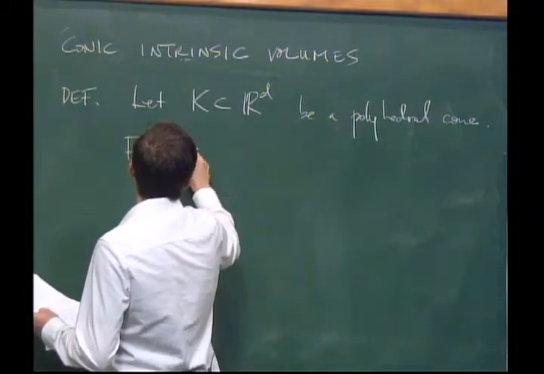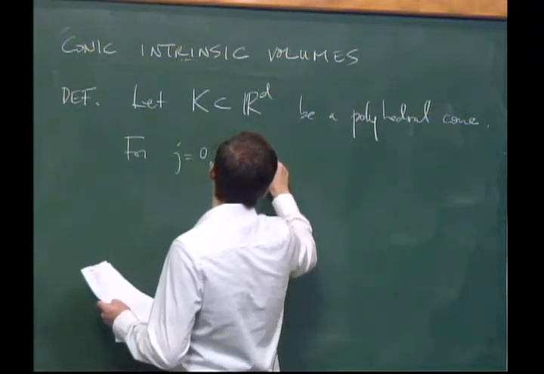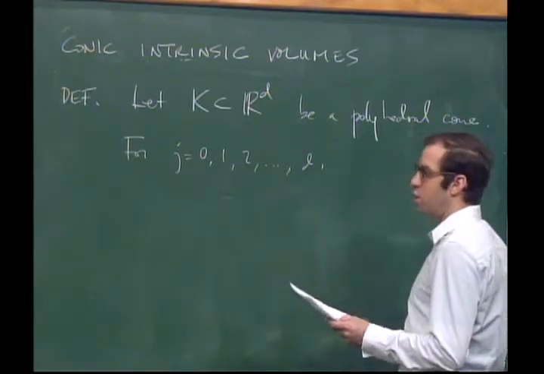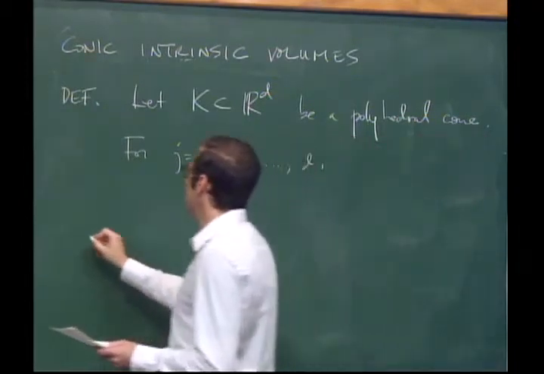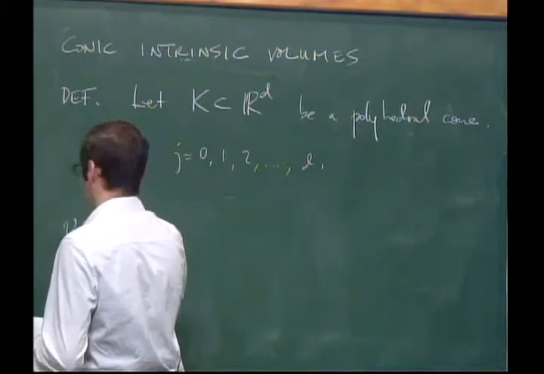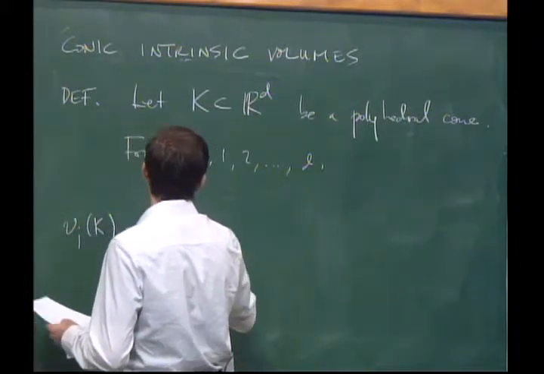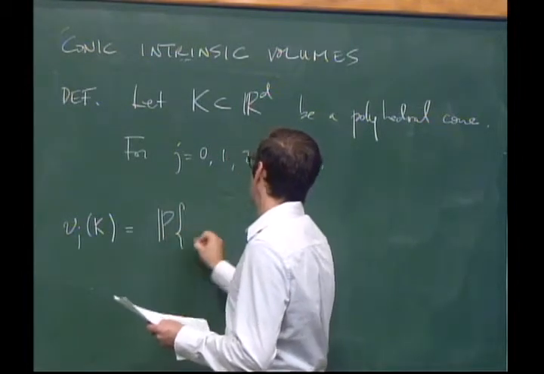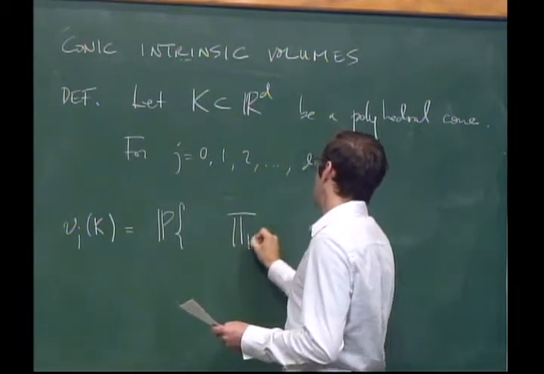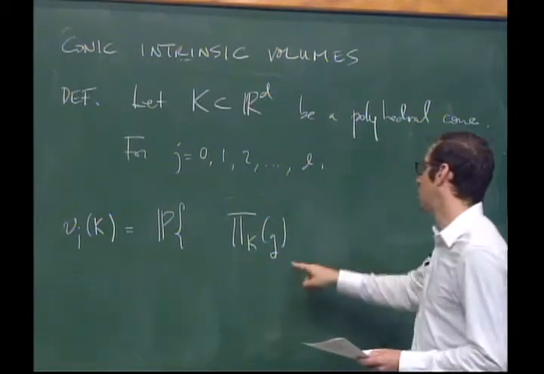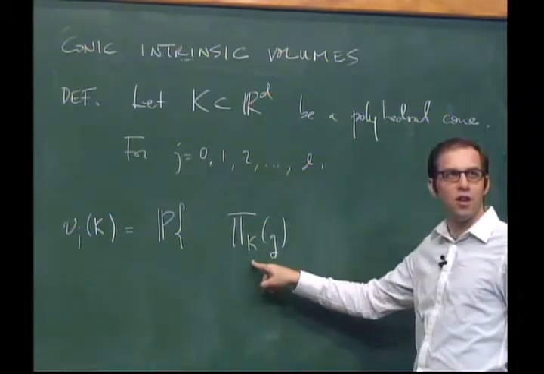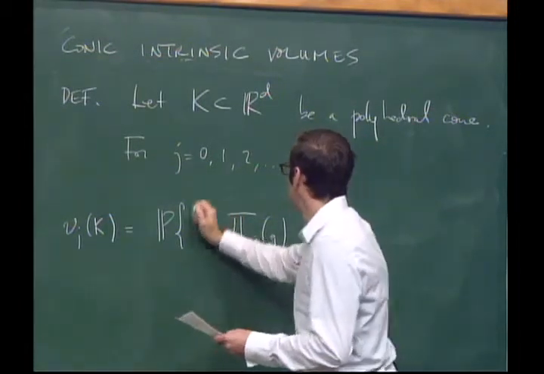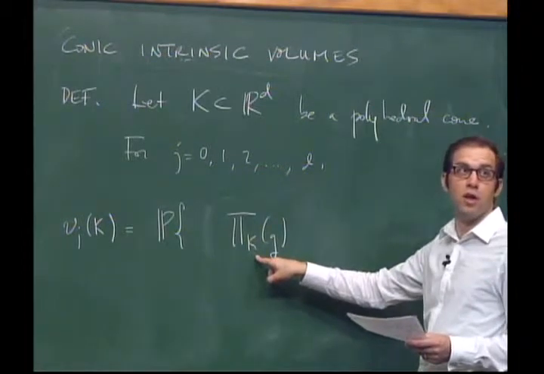Now, for j equals 0, 1, 2, and so forth up to d, we define the jth conic intrinsic volume as follows. We take a standard normal vector G, we project it onto the cone, where this is Euclidean metric projection.